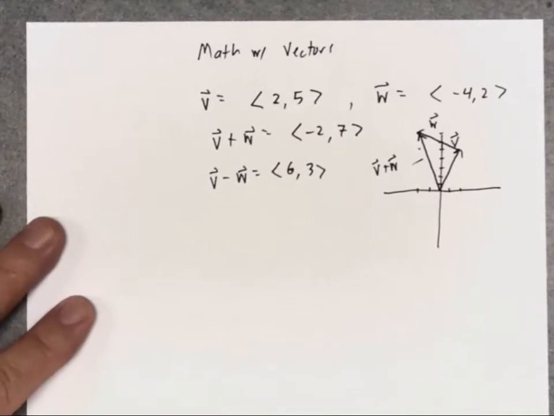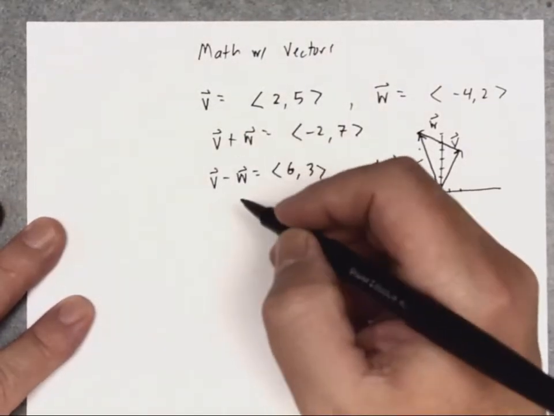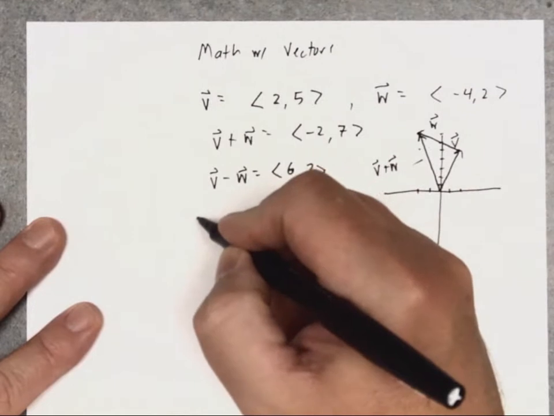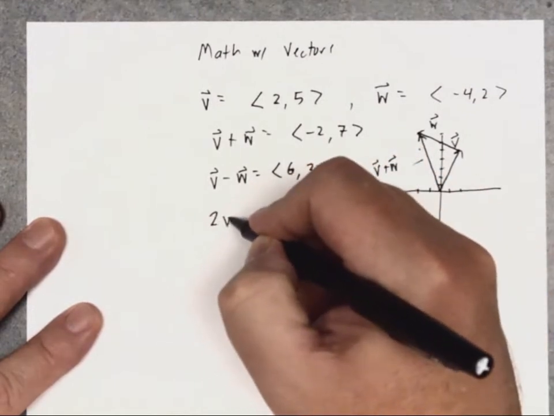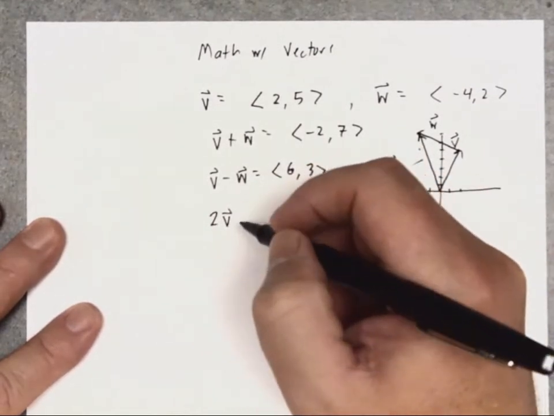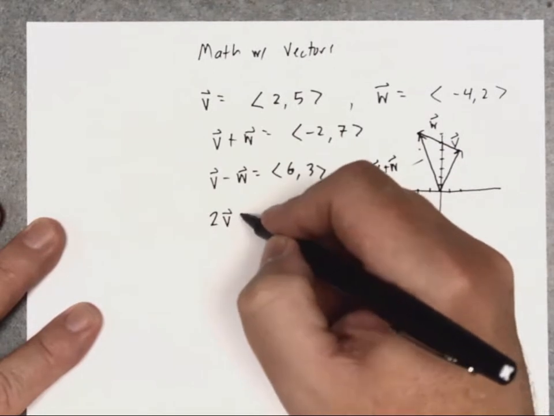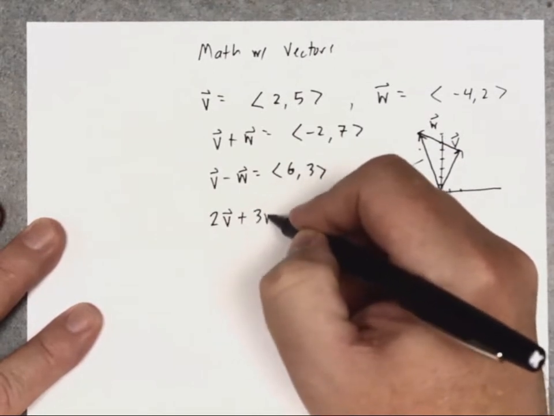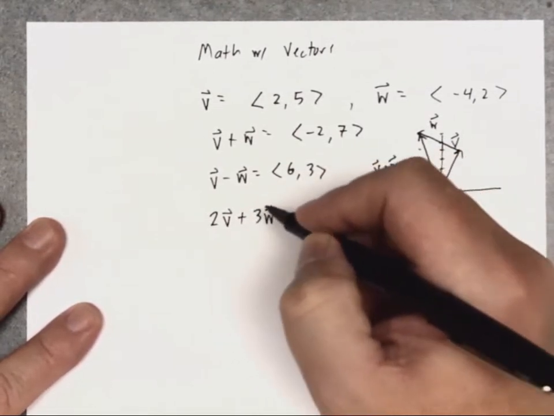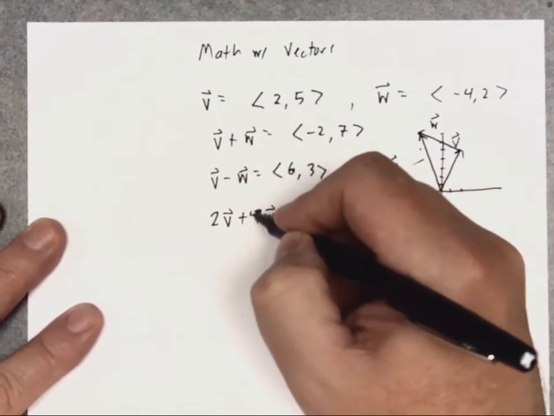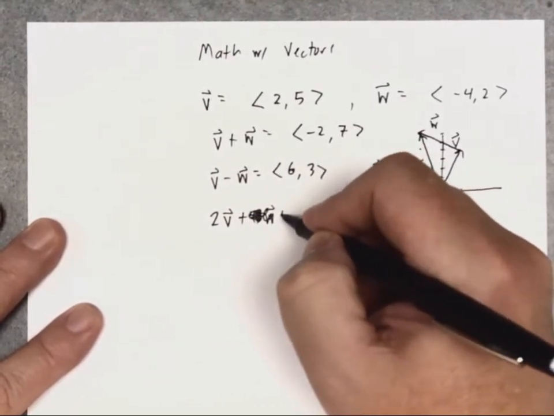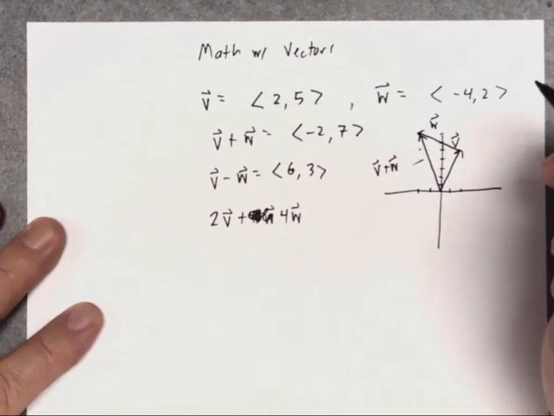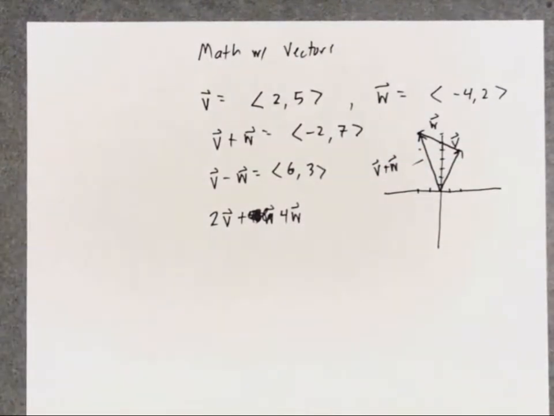You can also, I showed you this before, but oh, let me make this 4. Sorry. 2v plus 4w. So here the 2 and the 4 are called scalars, which I talked about before.